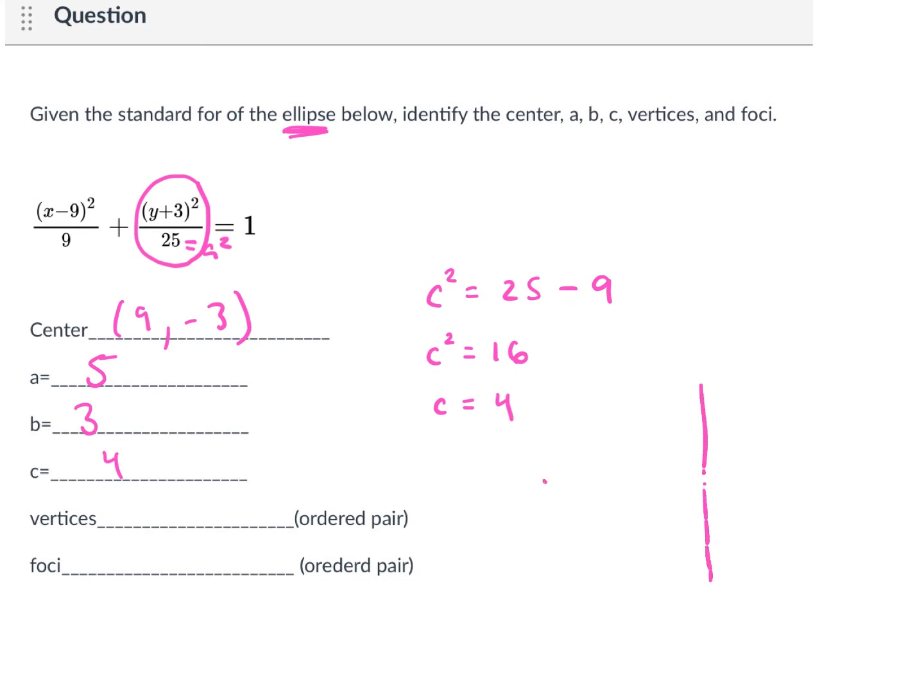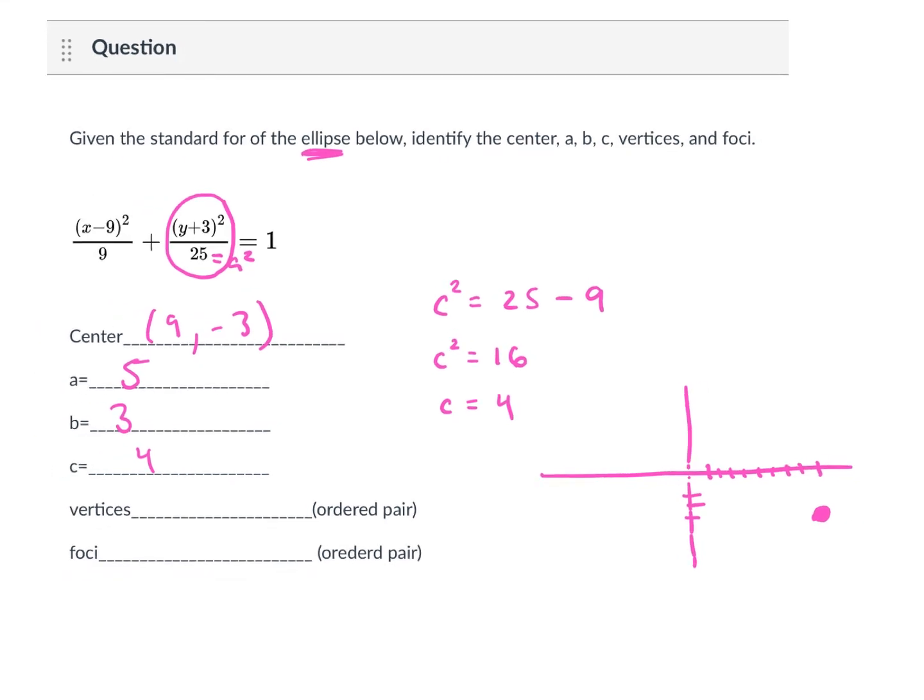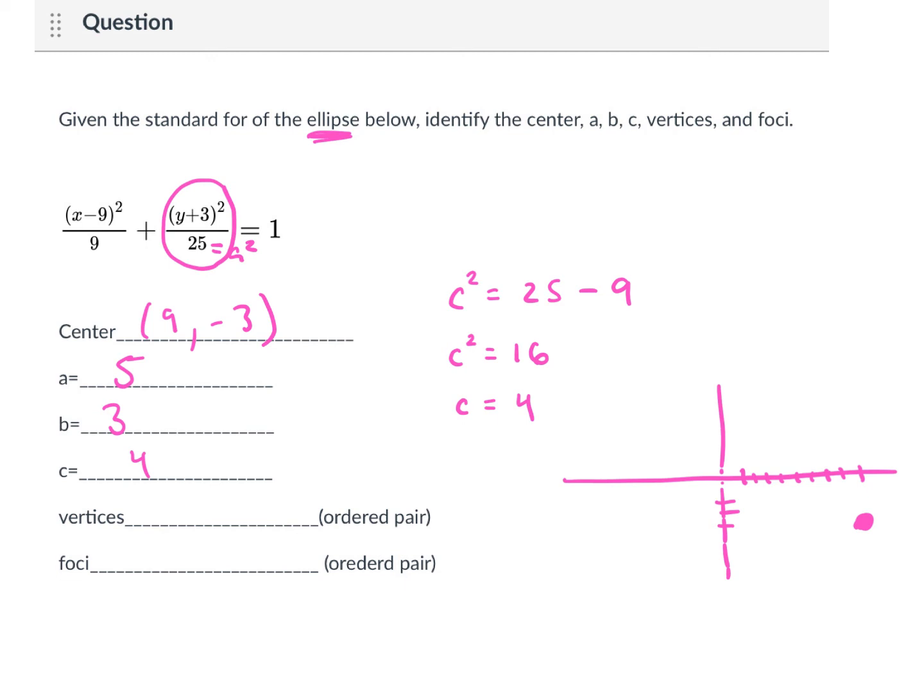So I like to draw it just so we get a visual of what's going on. Our center is at 9, -3. And to find the vertices, we go from our center. Is this a horizontal ellipse or a vertical ellipse?